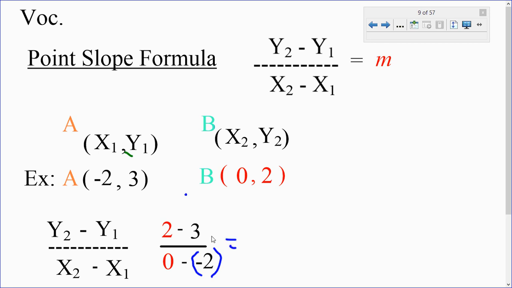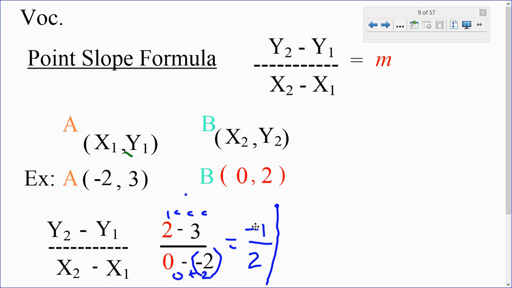So we get 2 minus 3 is -1. And remember, keep, change. That's how I got -1. Over 0 minus -2. So keep, change. And that'll give me +2. So this is my slope, -1 over 2, -1/2.